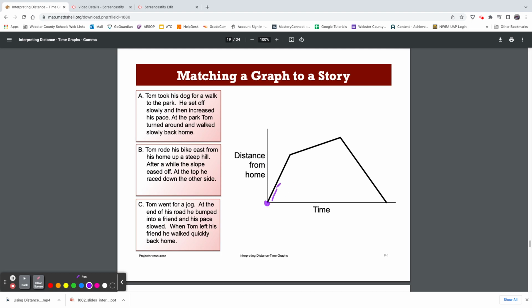So if you are increasing on this part of the graph, then you've got to imagine that as going away from your home. Now, a lot of people interpret this as a hill, where you're going up a hill, across the hill, and down the hill, and that's not really what you're interpreting.